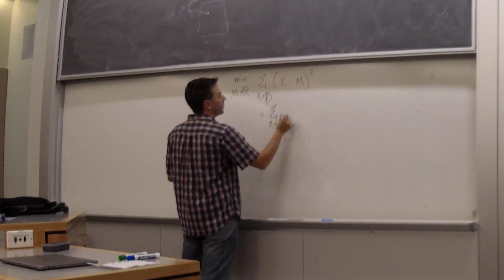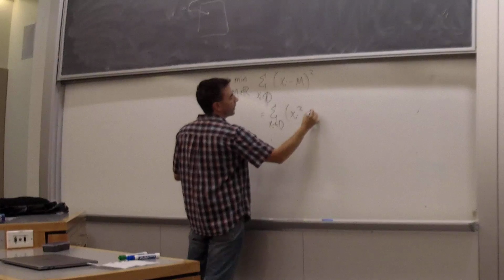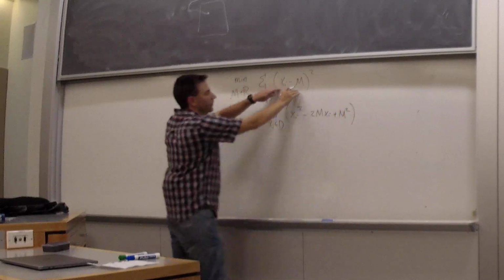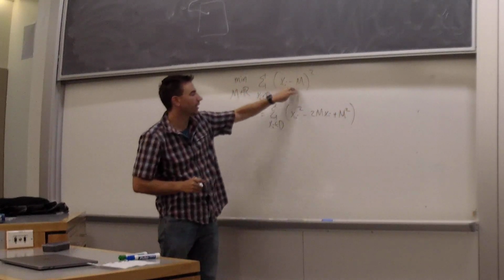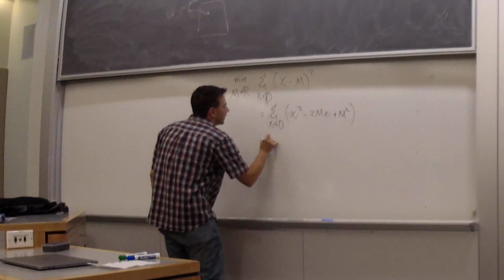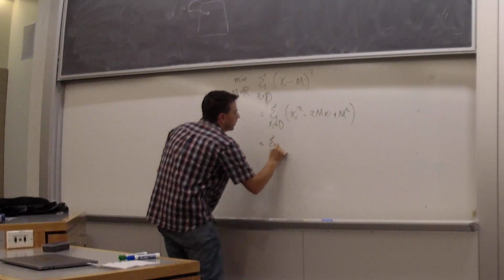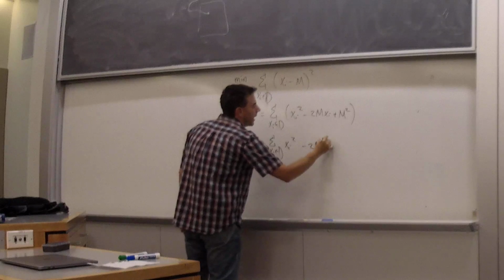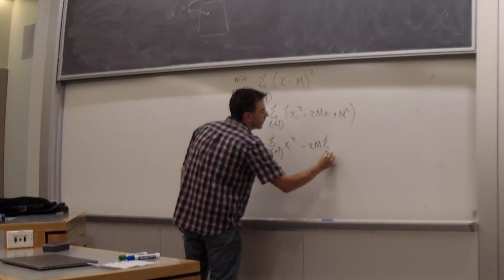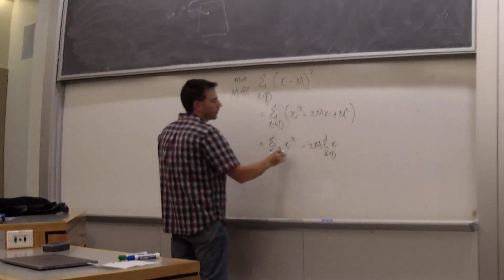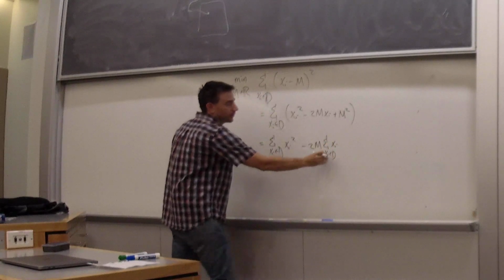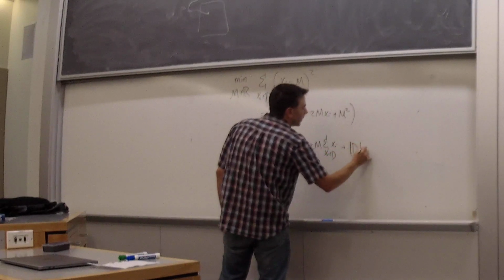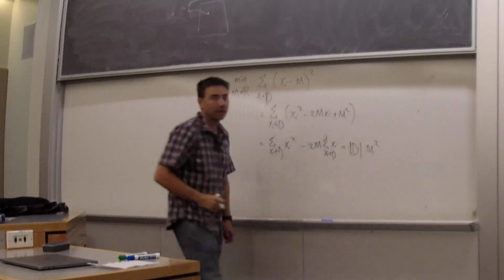I can expand this to be xi squared minus 2m xi plus m squared. That's just expanding the product before I take the sum. And this is equal to the sum of the squared terms, minus 2m times the sum of the terms, plus the size of the data times m squared.